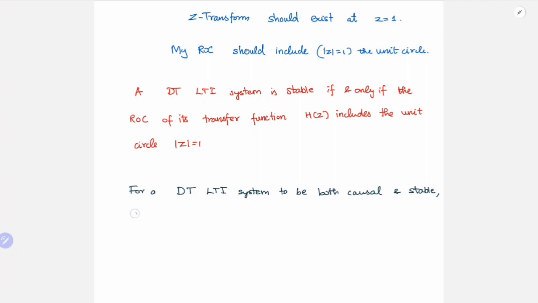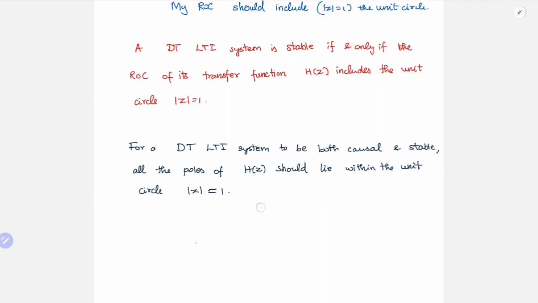So all the poles of H of z should lie within the unit circle, not even on the unit circle, because your unit circle needs to be included within the ROC, mod z equal to 1.